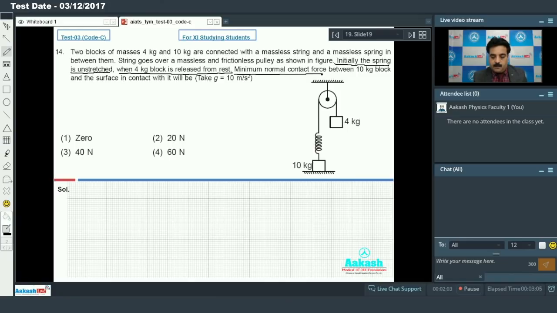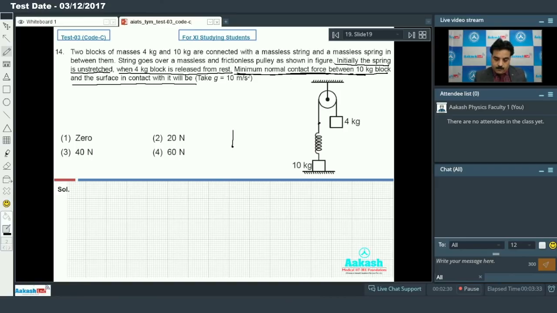The minimum normal contact force between the 10 kg block and the surface in contact with it will be. The most important thing in this question is that I want to calculate the minimum normal contact force between the 10 kg block and the surface. And minimum normal contact force is possible when the force applied by the spring is maximum.